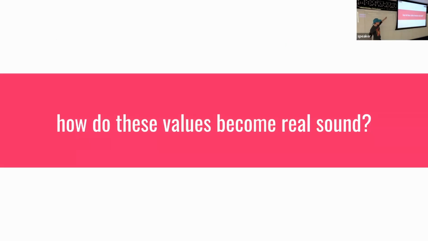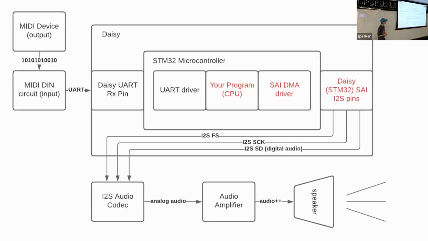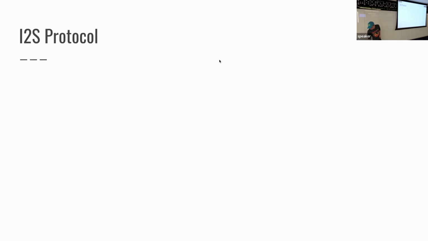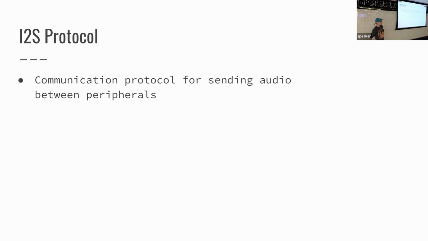So we've got floats now. We've gone from MIDI to floats, and we need to turn those floats into digital audio data. And that's where we are at this point of the flow diagram. The digital audio data is yet another serial communication protocol called I2S. It is meant for sending digital audio.